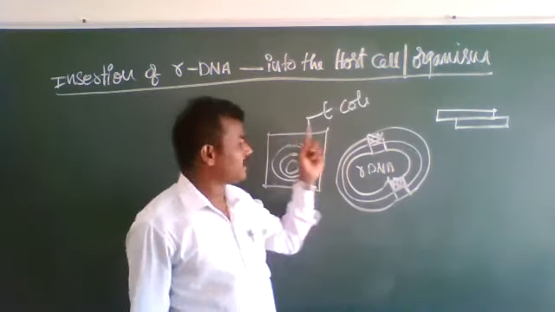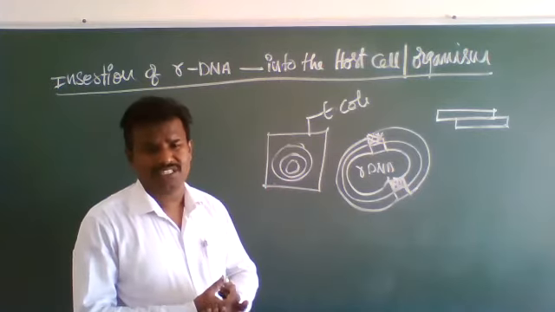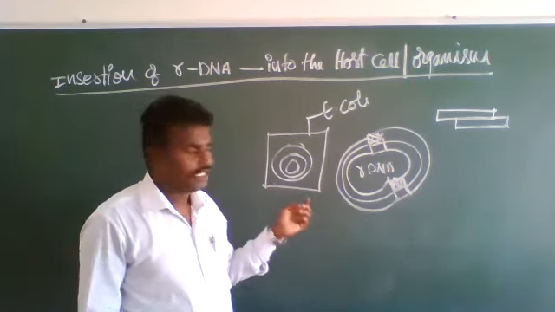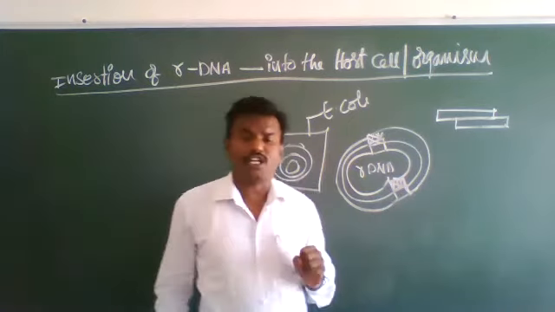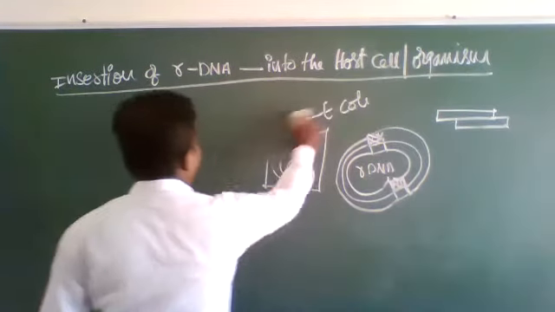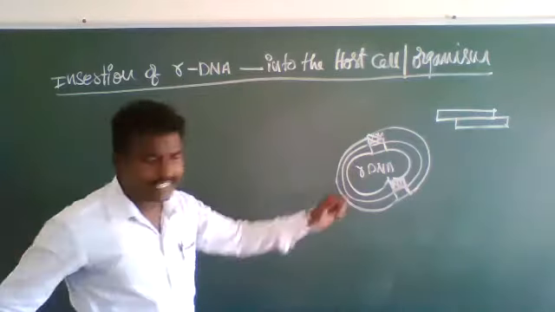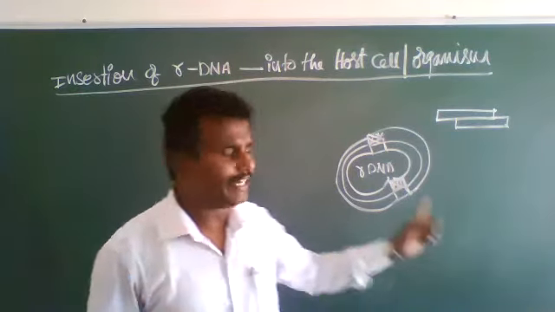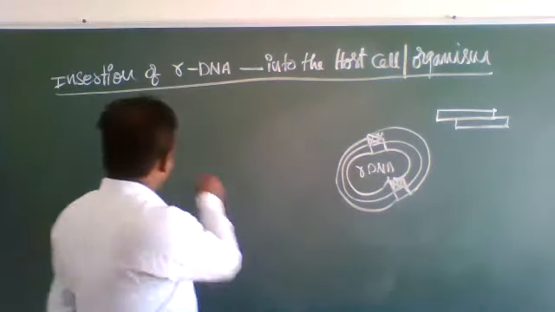The bacteria have to be treated with techniques like electroporation, incubation, etc. With the help of that, the cell membrane is ready to take up the recombinant DNA. That we have already seen. Next, the recombinant DNA bearing the gene for resistance to antibiotic.